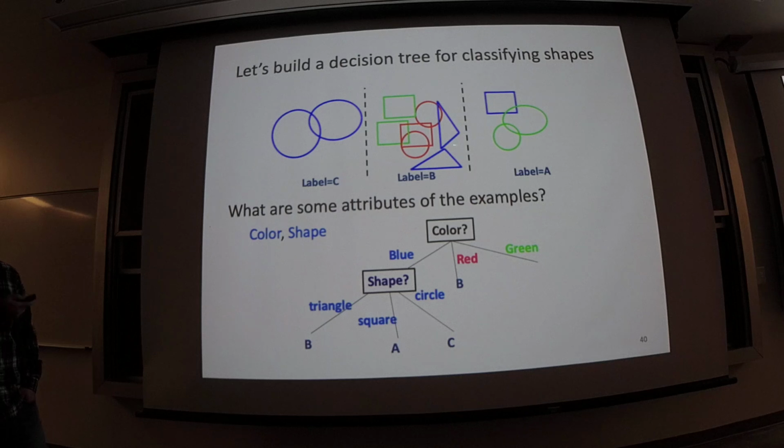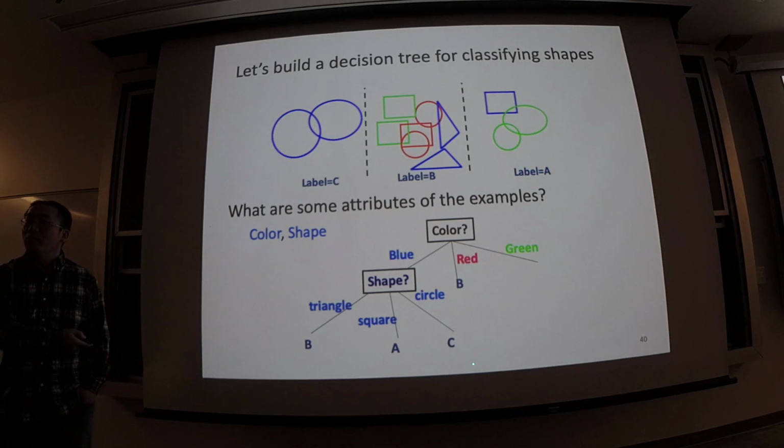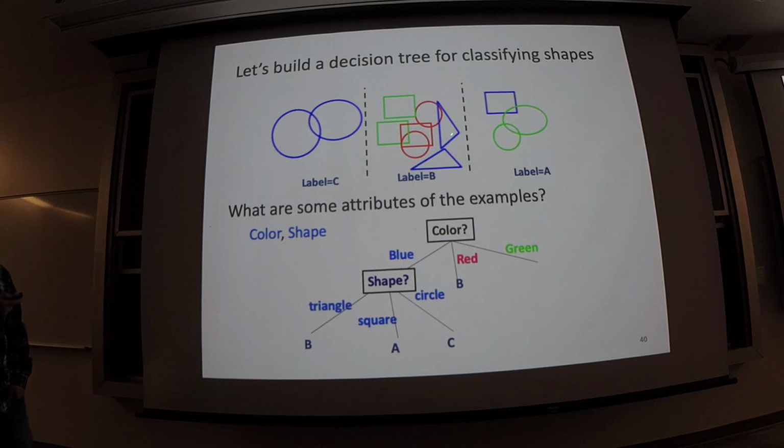A, right? There's only one instance. This blue square only has label A, so stop here and assign label on the leaf, right? And finally, for the blue triangles, we say, okay, all the 2 blue triangles share the same label, which is B, so stop here. Right?